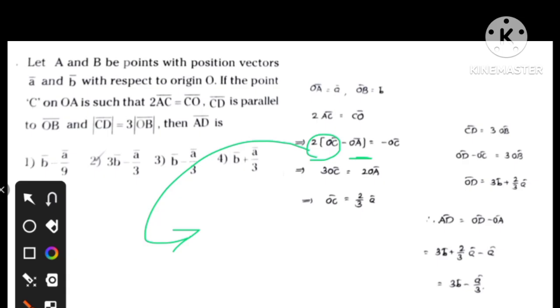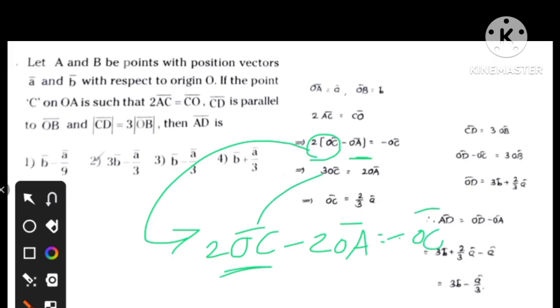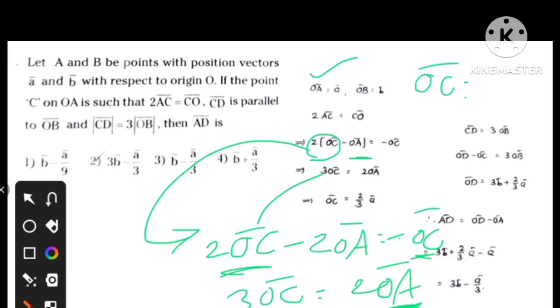The next step: 2 into OC minus 2 into OA bar is equal to minus OC bar. Write this minus OC to this side, that is 2 OC plus OC, 3 OC bar is equal to 2 into OA bar. But what is given? OA bar is equal to a bar.